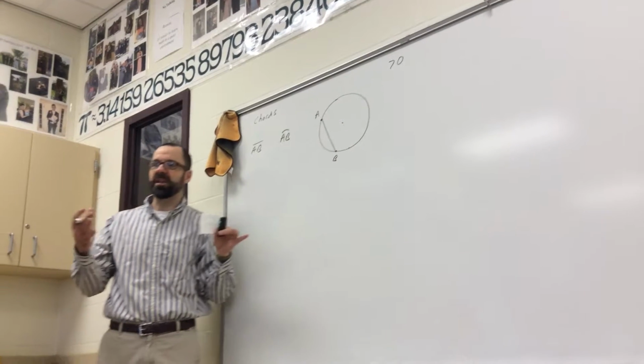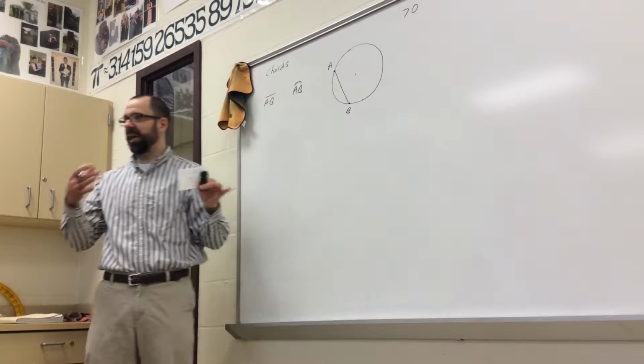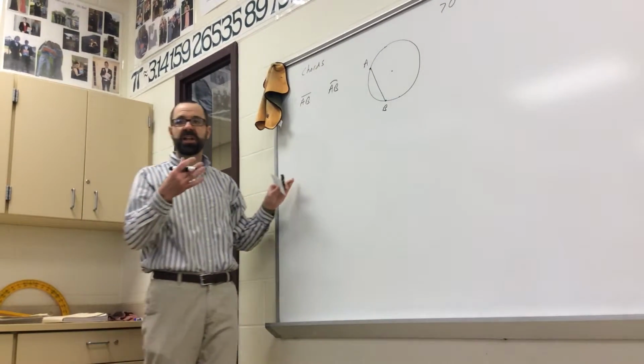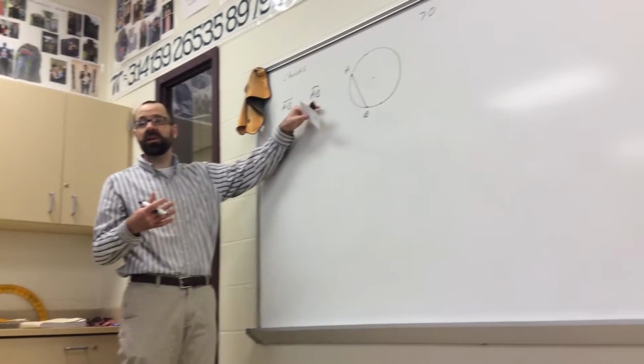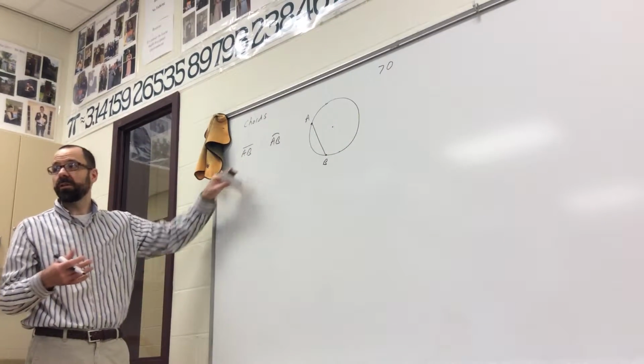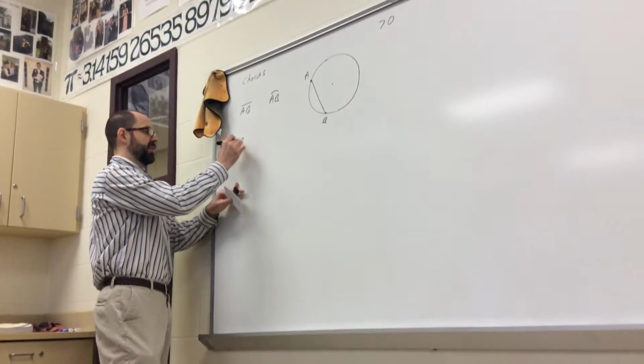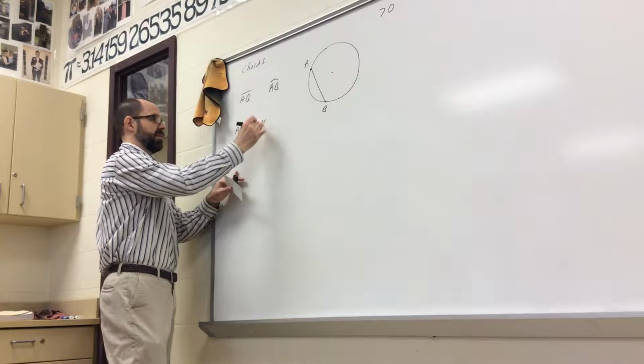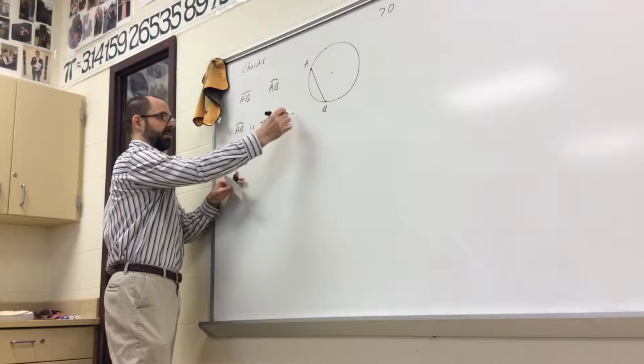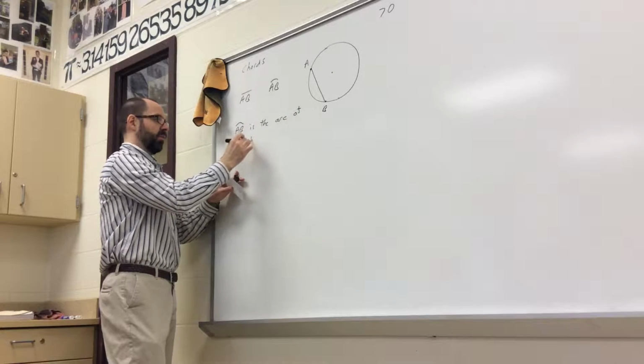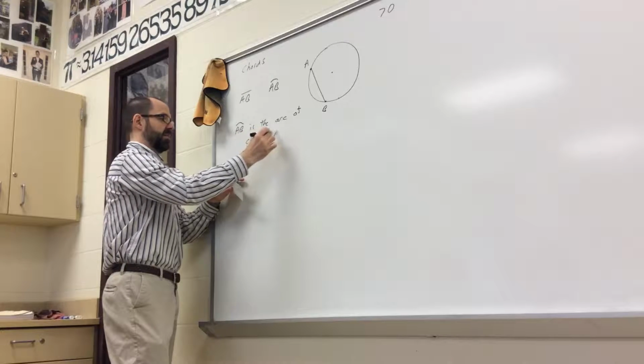Okay, but they kind of go together because they're both a journey from A to B. So because of that, we call this the arc of that chord. So AB is the arc of chord AB.